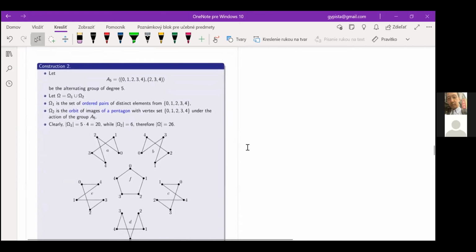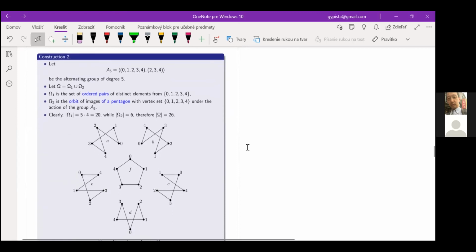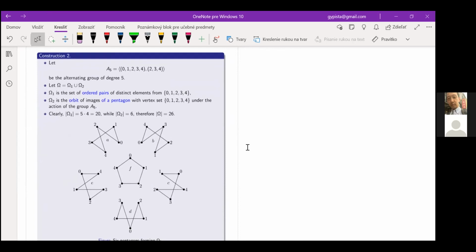The second construction can be given in terms of coherent configurations or actions of groups and similar stuff. We already know that this graph is intransitive, so it is not surprising that we will need to consider two kinds of objects. First of all, let us consider the alternating group A5 and its two actions which will be glued together.